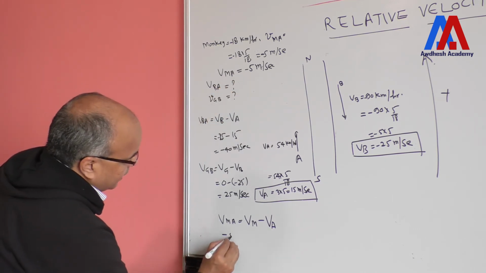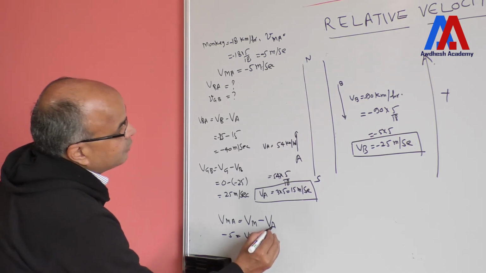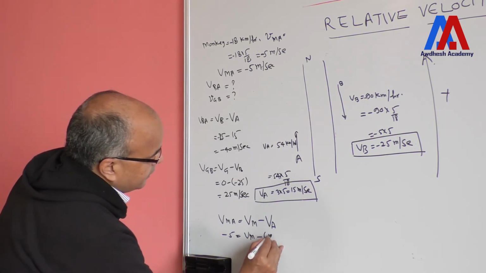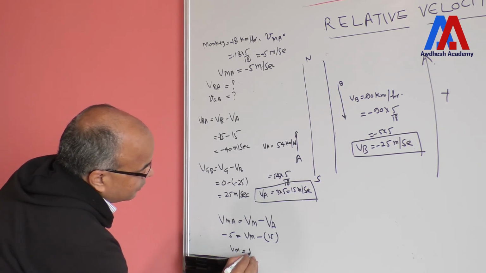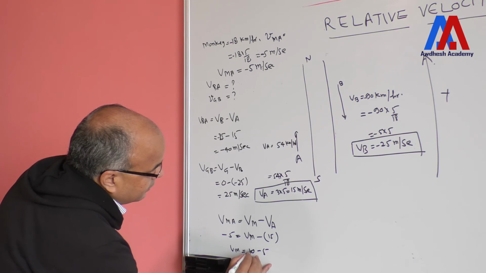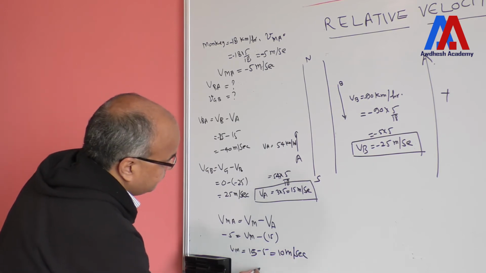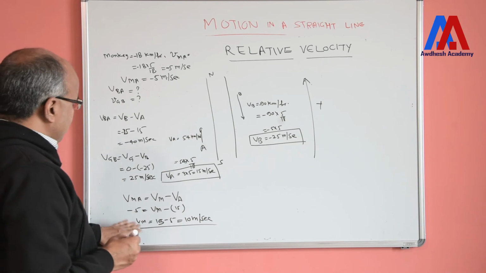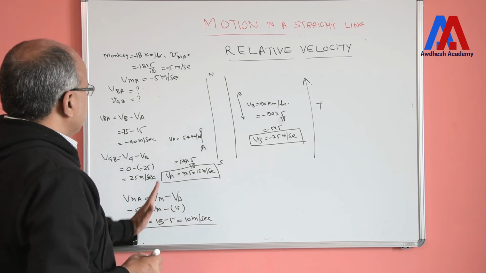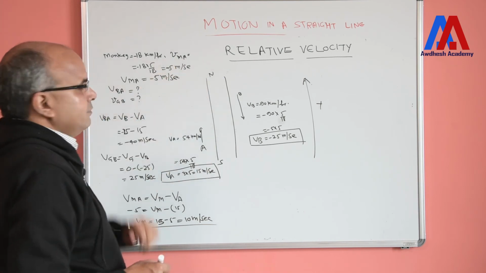VMA we already know is minus 5, VM we keep as it is, and VA we know is equal to 15, and therefore VM becomes equal to 15 minus 5, which is equal to 10 meter per second. And as you see, the value of VM is positive, that means it is from south to north, because this is the positive direction.